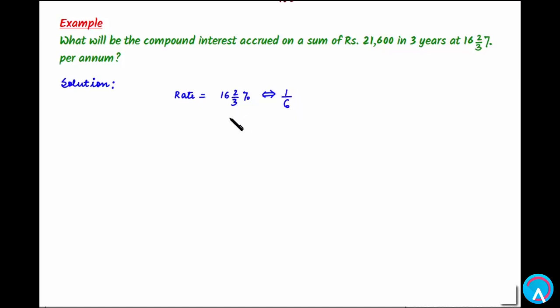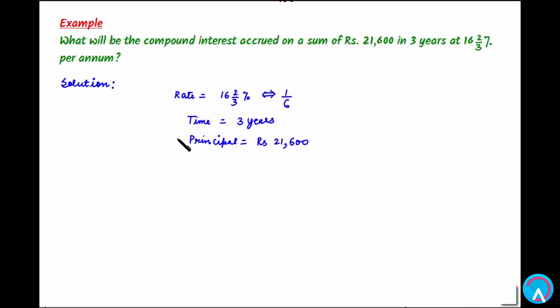Because if we calculate the fraction of 16 on 100, it will approximately come as 1/6. Time is given as equal to 3 years. And the initial amount, that means the principal, is given to be Rs 21,600.